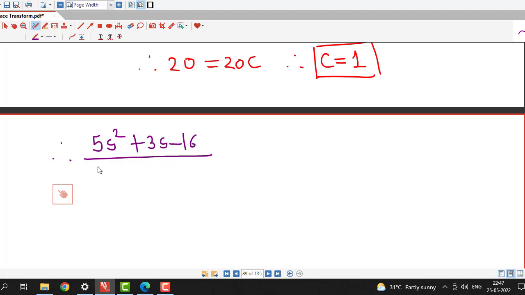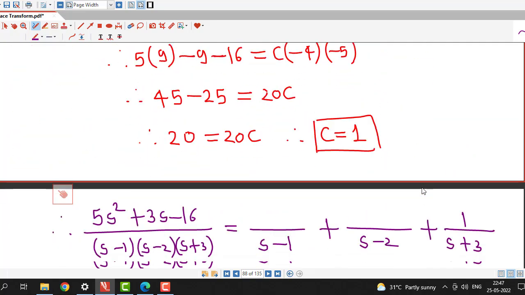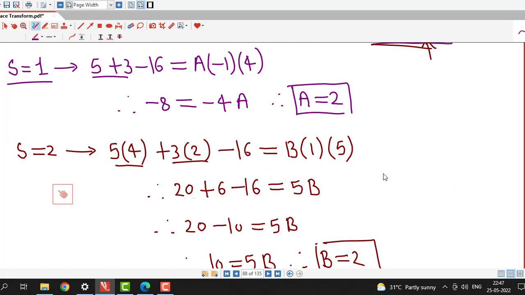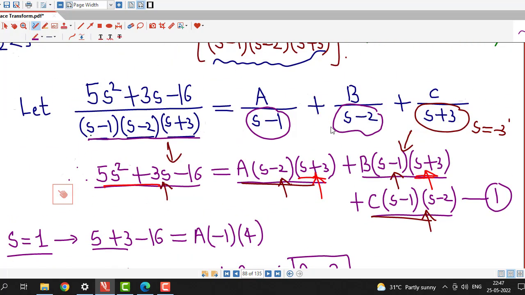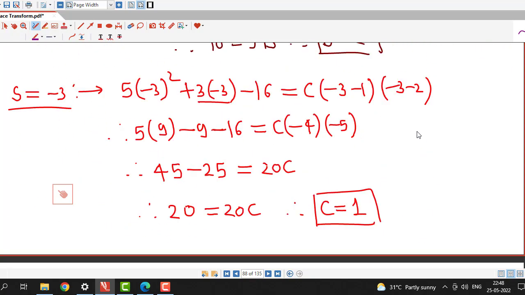In the denominator we have (s minus 1), (s minus 2), (s plus 3), and a divided by (s minus 1) plus b divided by (s minus 2) plus c divided by (s plus 3). Value of c is 1, value of b is 2, and value of a is also 2.